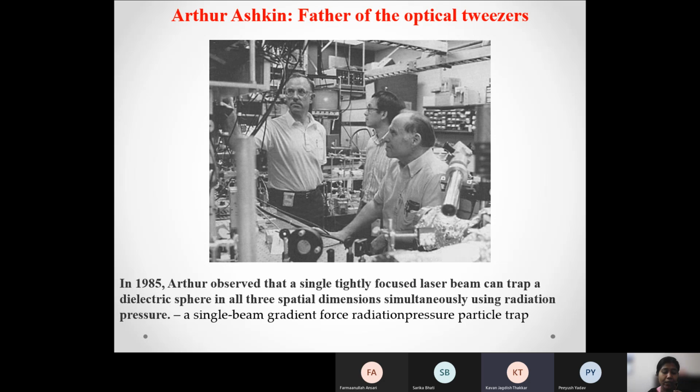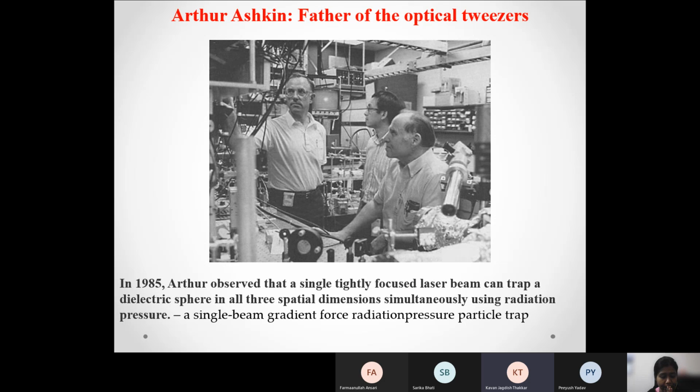And that gave him the idea of developing optical tweezers as a method to study matter. He also obtained a Nobel Prize in Physics in 2018 for his contributions towards development of optical tweezers.